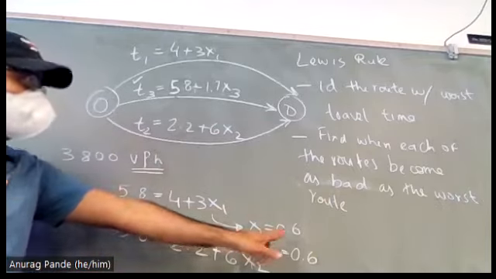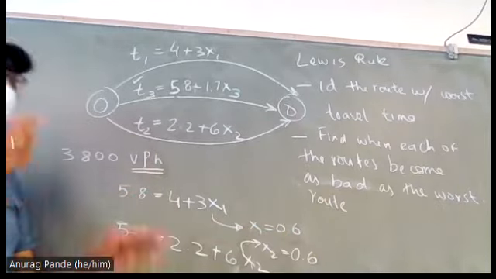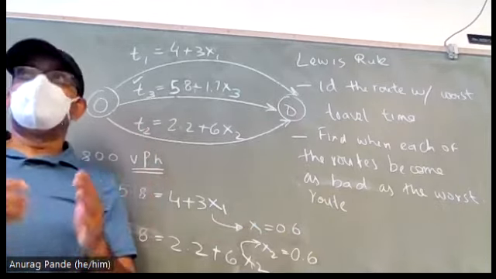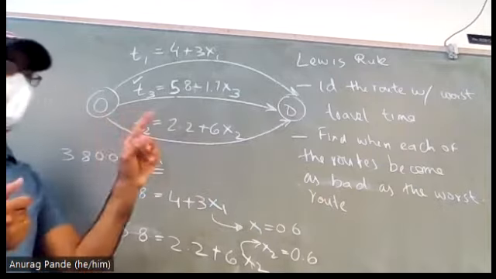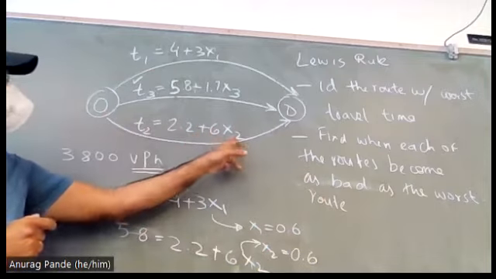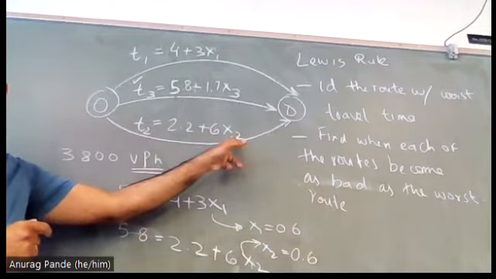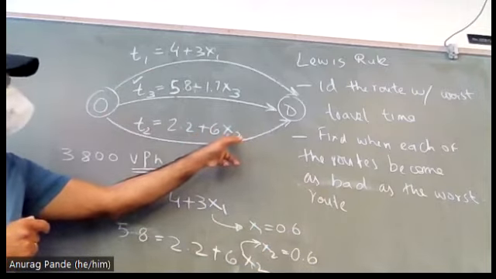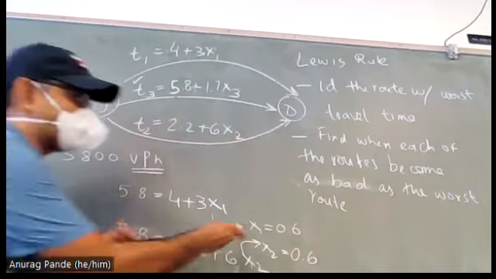Largest value. Okay, so you're saying 0.6? Yes. That's one of the responses. Let's just take the largest value. The problem with that is if you take the largest value, 0.6, and plug it in here, you're saying the total demand is only 0.6.